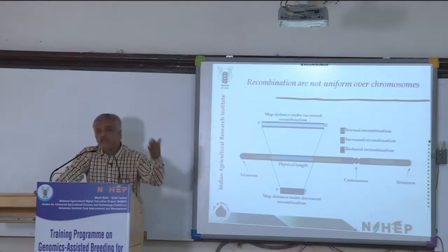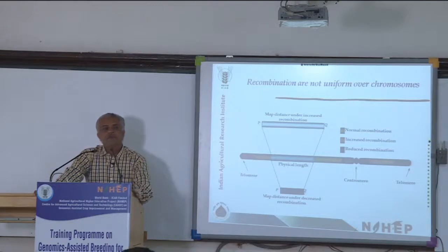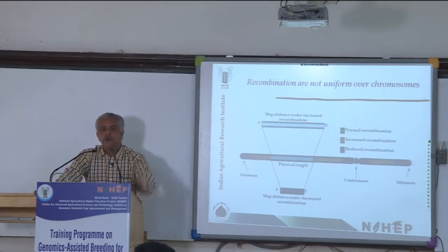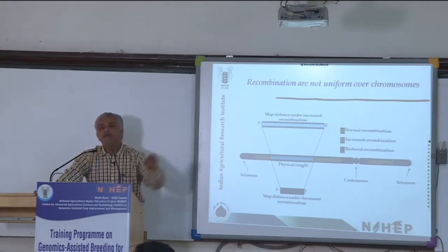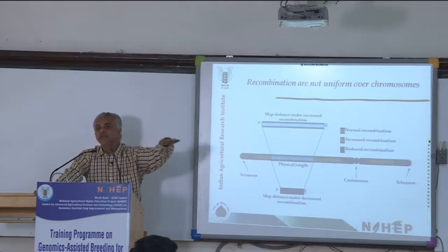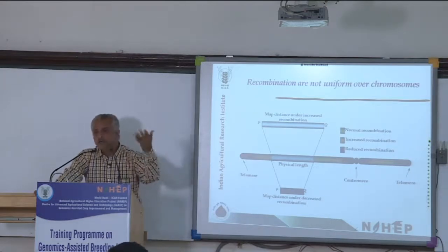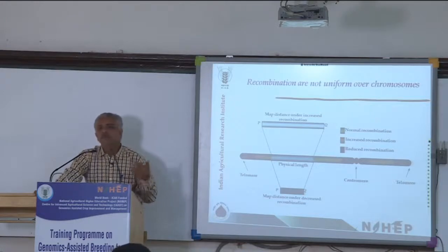If you go further into recombinations, we can also see that the recombination frequencies over a chromosome, the chromosome landscape, are not exactly similar in all places. In some places it has more recombinations, in some places the recombinations are less.